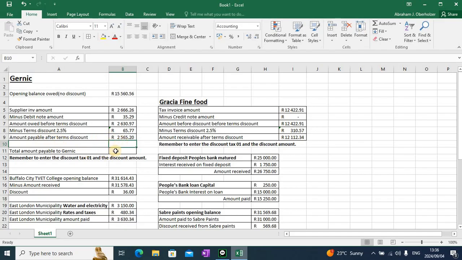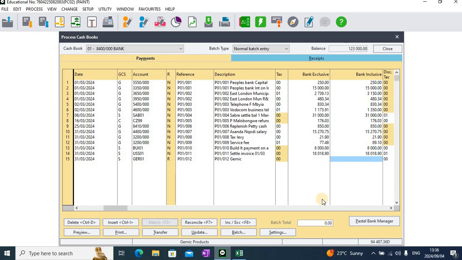The total amount payable to Jernick will be the opening balance plus the invoice amount after the terms discount. So those are the two full settlement amounts. So it's going to be 18,125.76.